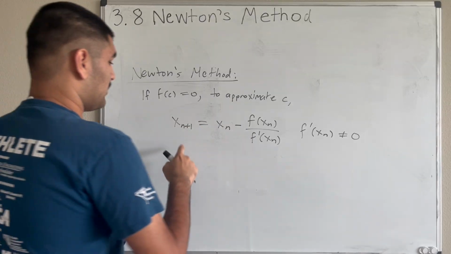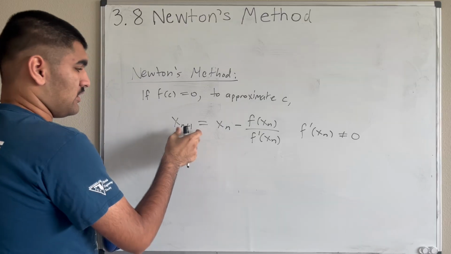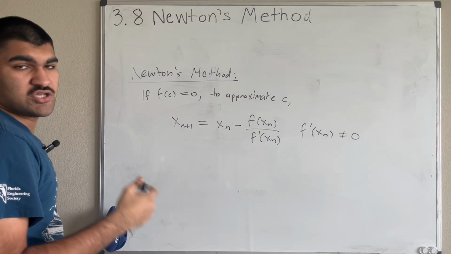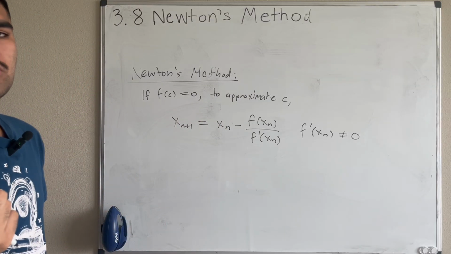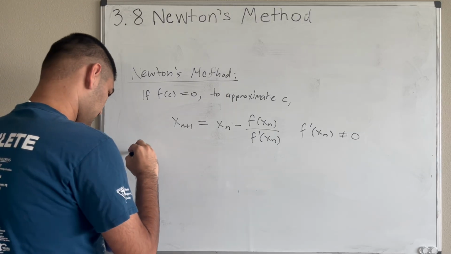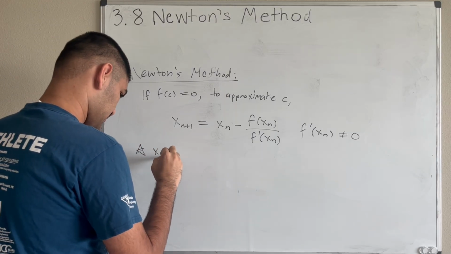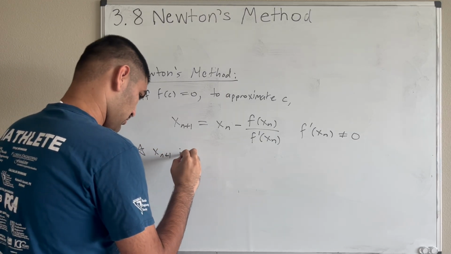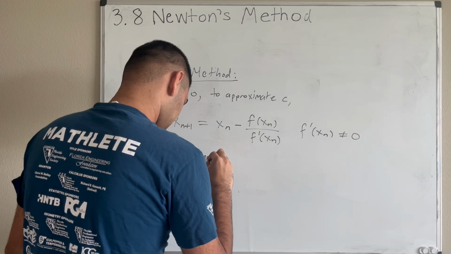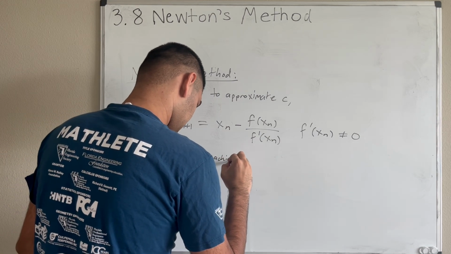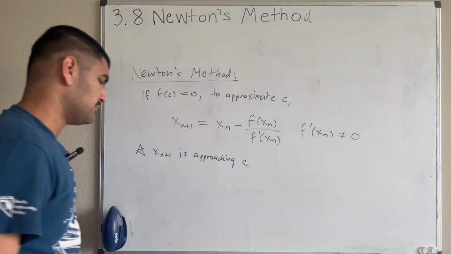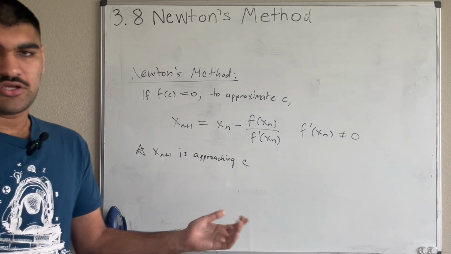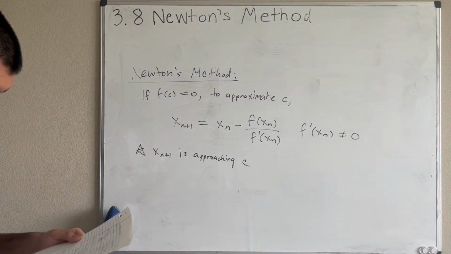And second of all, and I already mentioned this, each iteration that you do of this, you're getting closer and closer to your 0. So xn plus 1 is approaching c. All right. So each iteration, you're getting closer to your c, your 0.